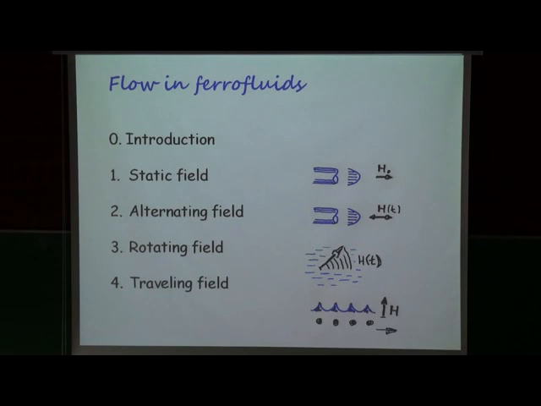We move on to the impact of a rotating field onto ferrofluidic flow, and eventually we finish with consequences of a periodic sinusoidal magnetic field or induction, which is traveling.